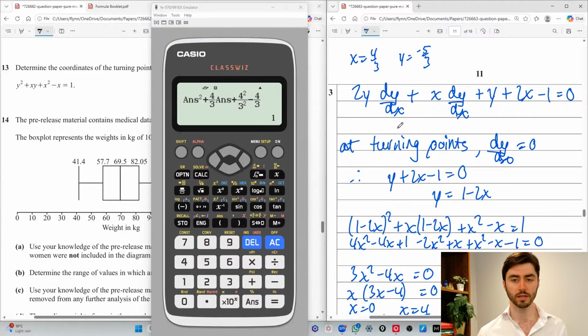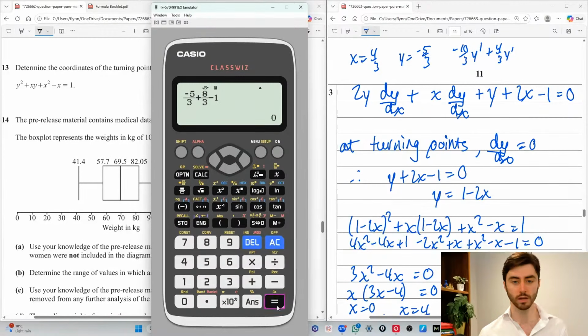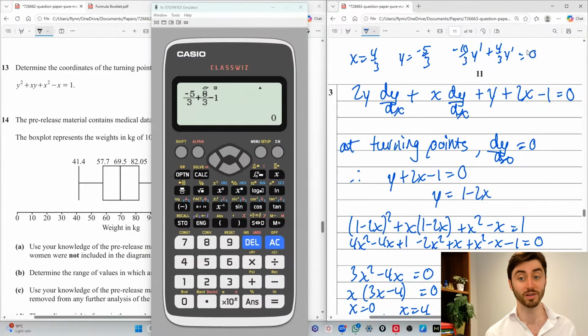So that would be minus 10/3 y prime plus 4/3 y prime. Now, the rest of it: minus 5/3 for the plus y, we would get a plus 8/3, we would get a minus 1. So that would be nothing. So this thing equals 0, and dy dx does equal 0, so that is also a turning point.